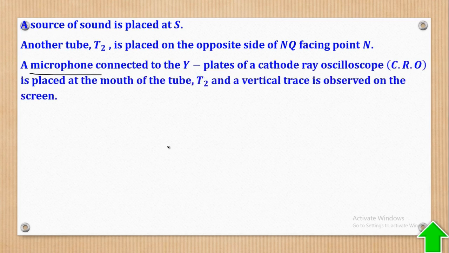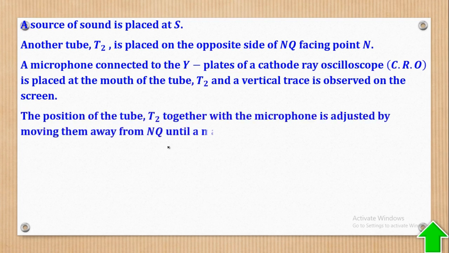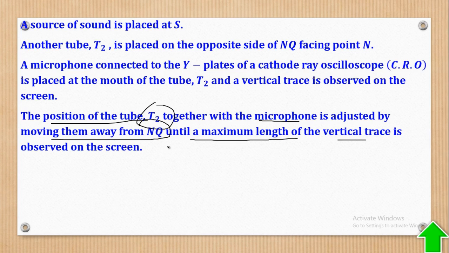So a microphone which is connected to the Y plates of a cathode ray oscilloscope is placed at the mouth of tube T2, and a vertical trace is observed on the screen. The position of the tube T2 together with the microphone is adjusted by moving them away from N2 until a maximum length of the vertical trace is observed on the screen.